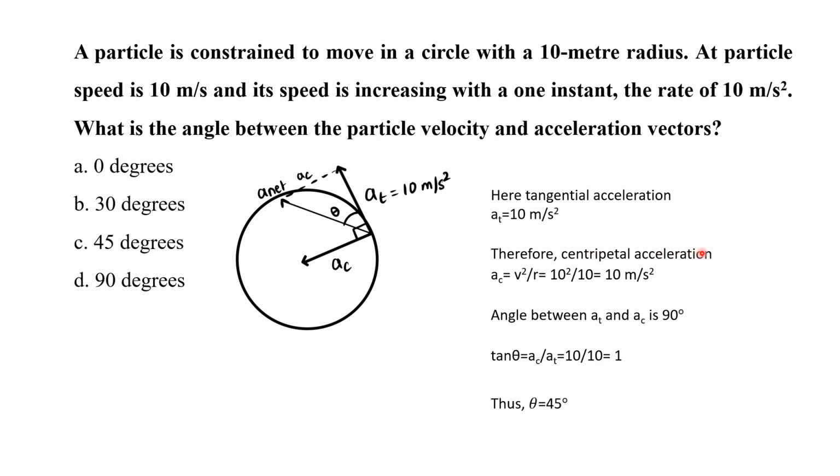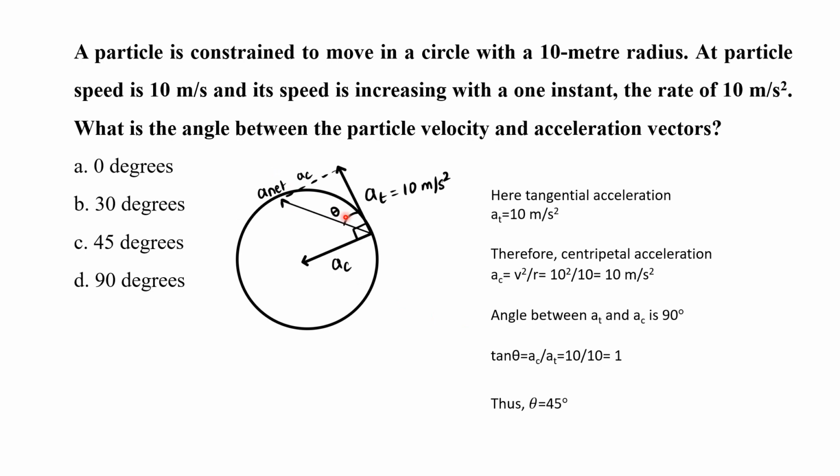Therefore, the centripetal acceleration AC is given by v squared by r. The velocity is given as 10 meters per second, so it's 10 squared by the radius 10, that is 10 meters per second squared.